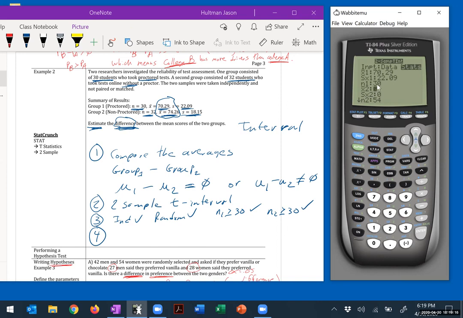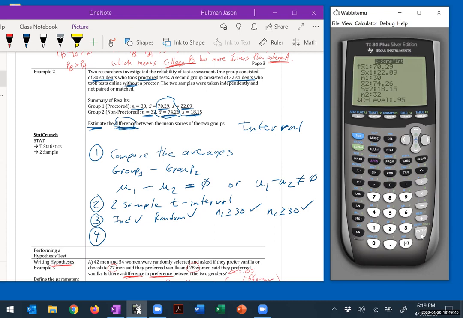x bar 2 is 74.26. Sx2 is 18.15. And n2 is 32, I believe. Yeah, 32.